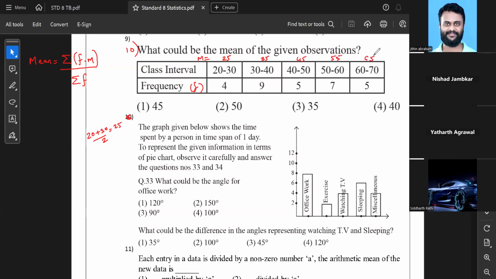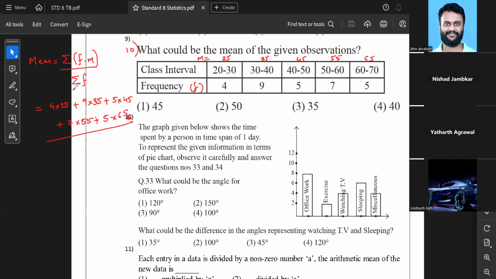Now, if I'm going to use this particular formula, how to use it? I'll be finding the mean. I'll have to add the product of frequency and midpoint: 4 multiplied by 25, add with the next one, 9 multiplied by 35, add with the next one, 5 multiplied by 45, add with the next one, 7 multiplied by 55, add with the next one, 5 multiplied by 65.